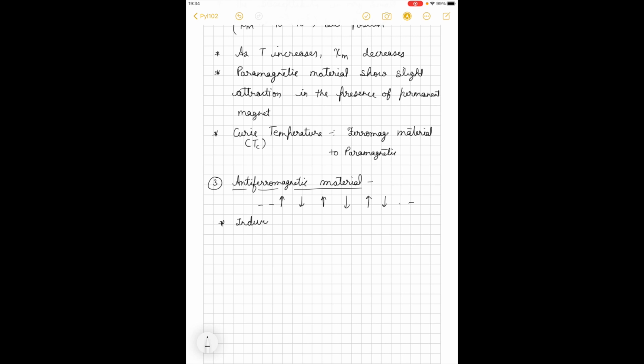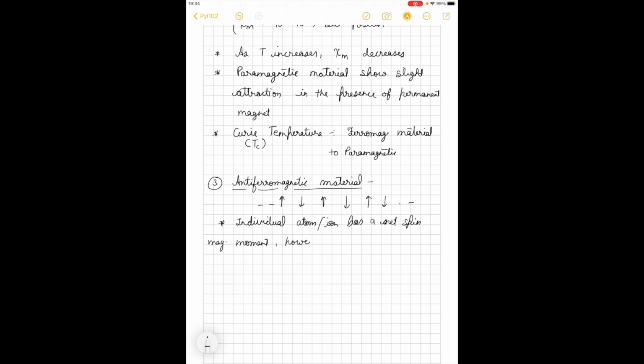So individual atom or ion has a net spin moment, magnetic moment.